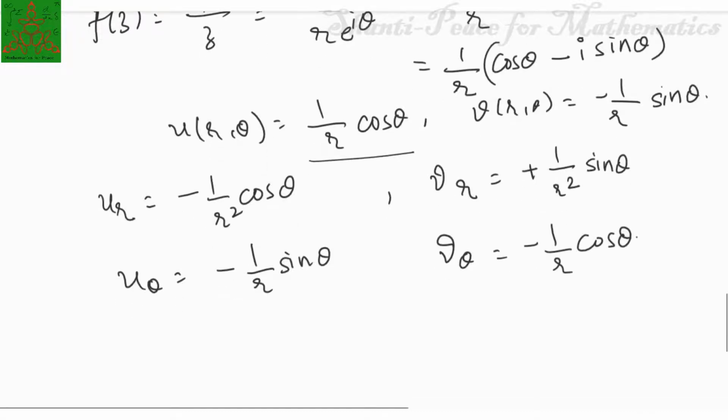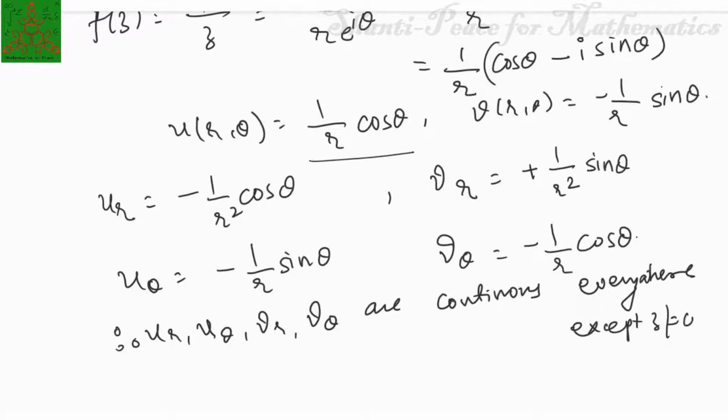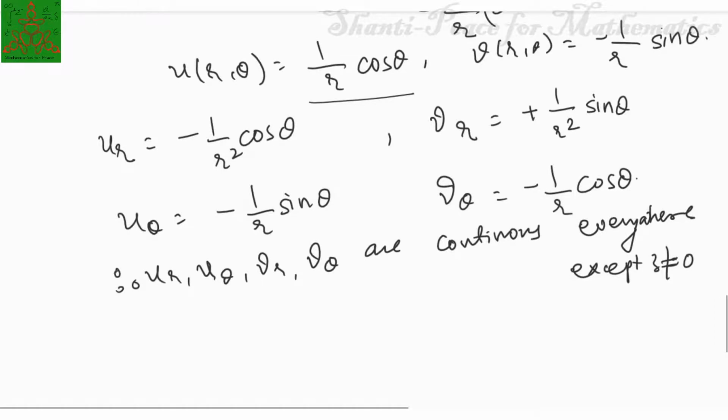So we can note that these first order partial derivatives, that is ur, u theta, vr, v theta, are continuous everywhere except z equal to 0, because otherwise the polar form we cannot write down for the 0 point.